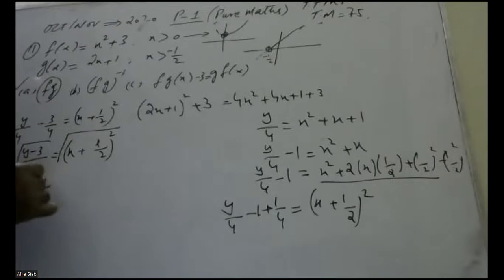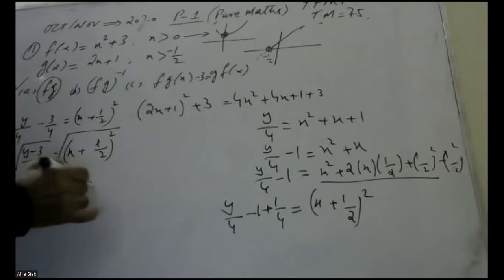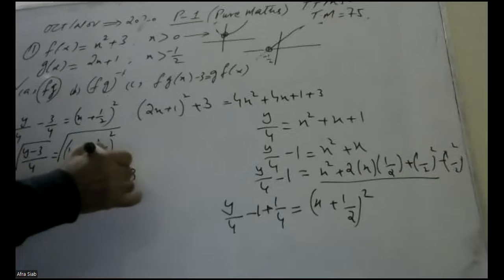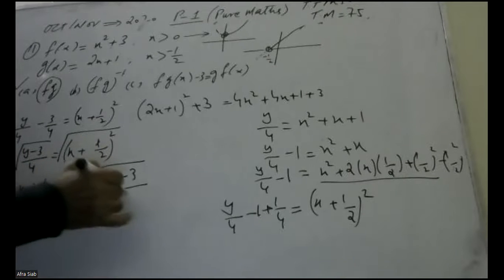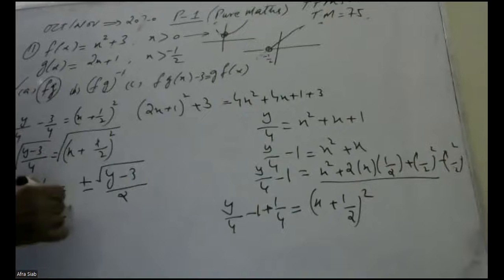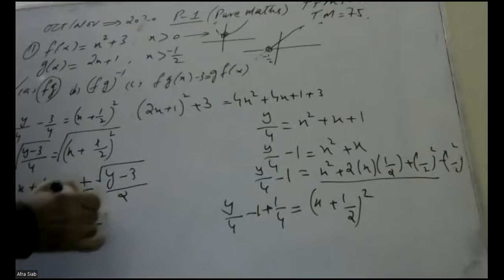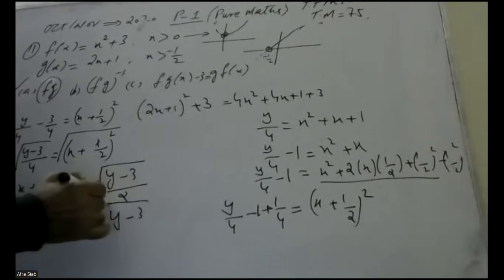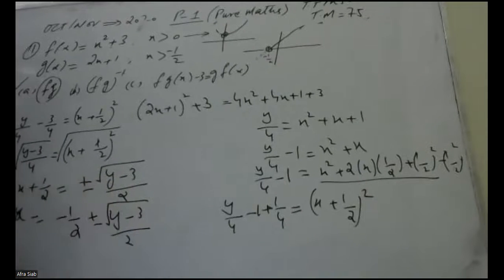Now taking the square root on both sides, x plus half is equal to plus minus square root of y minus 3 over 2. Or x is equal to minus half plus minus square root of y minus 3 over 2.